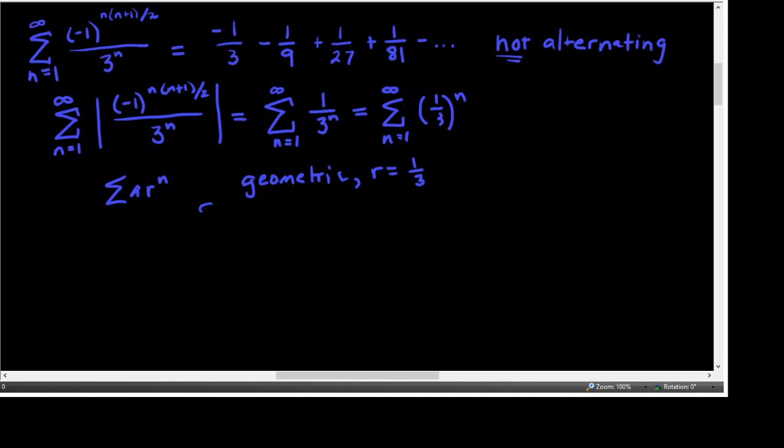So, since the absolute value of that r is between 0 and 1, the sigma of the absolute value of our a sub n converges. And because of the absolute convergence theorem, we know that it converges absolutely.